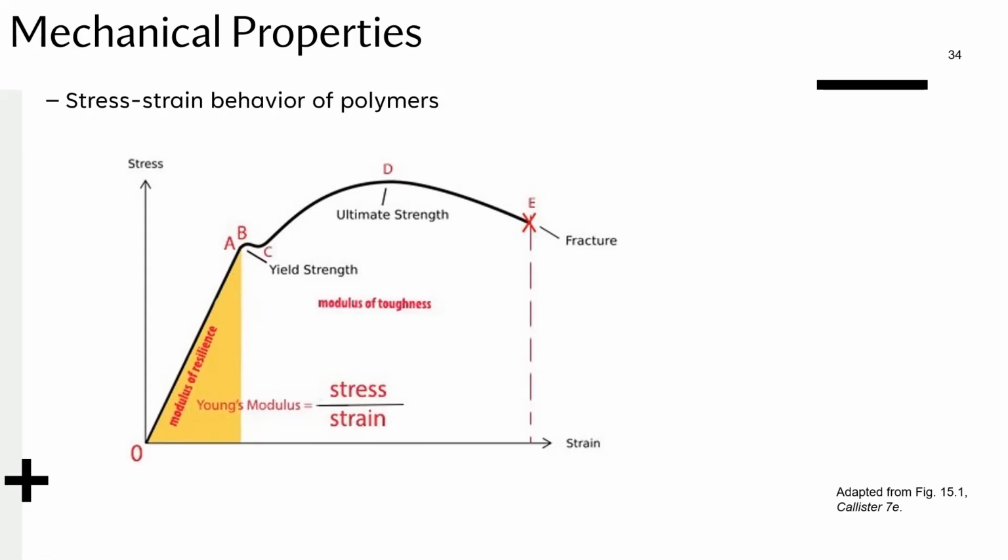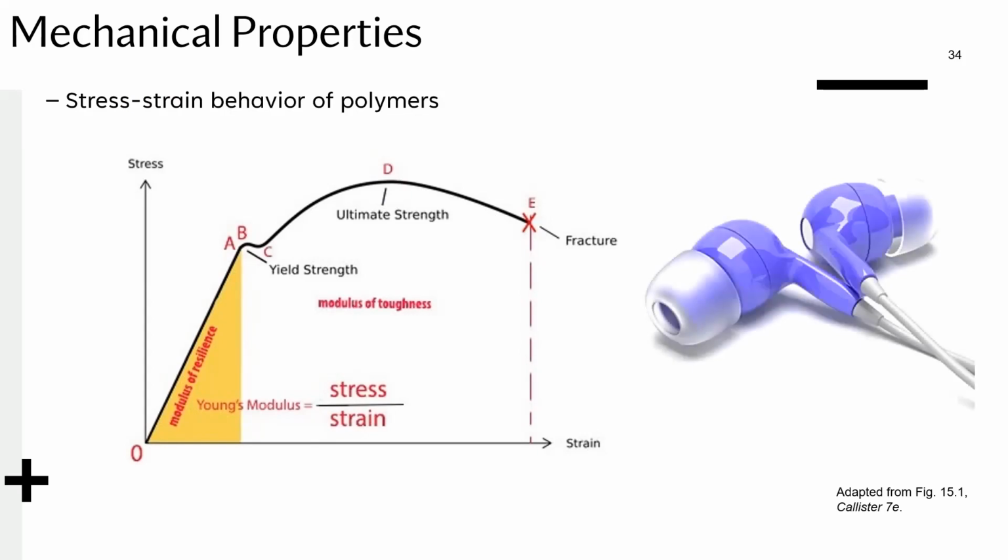Now, how do polymers differ? Of course, you have an idea right now of their structure. You can imagine that a lot of them at least could be a lot more plasticky, and we expect a lot more elongation. We expect them to be probably a bit less stiff than metals.